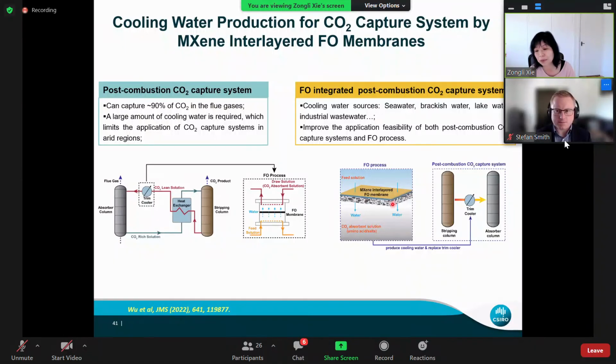So what we are proposing is using the FO process to replace the trim cooler, providing clean water to this CO2 capture system and basically expanding the cooling water sources.